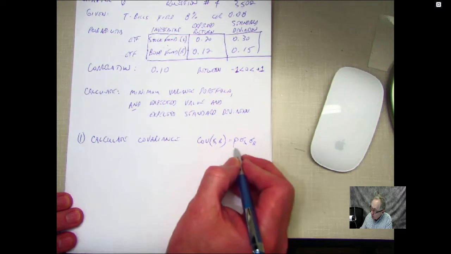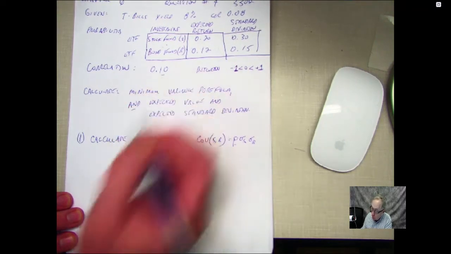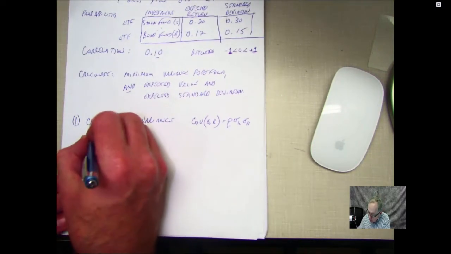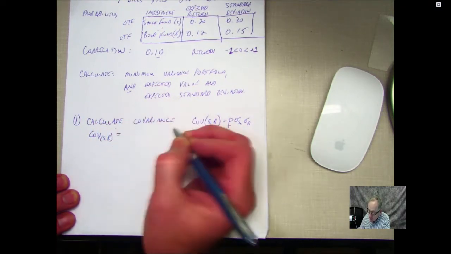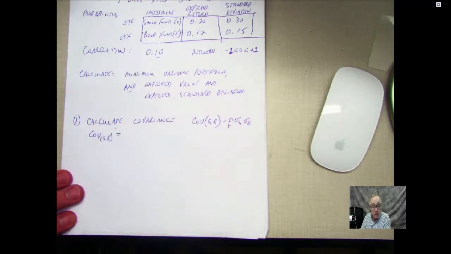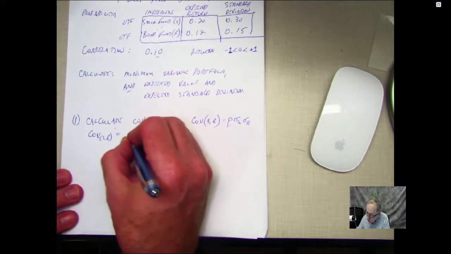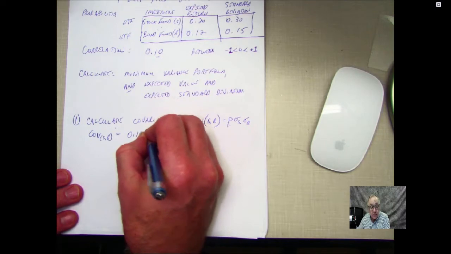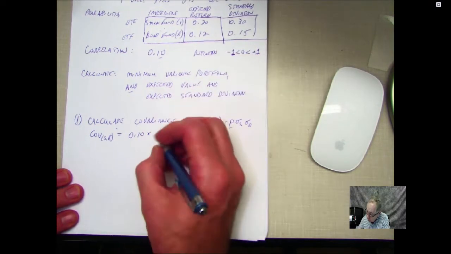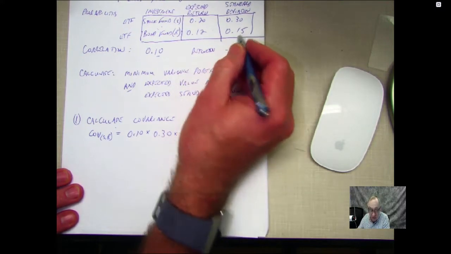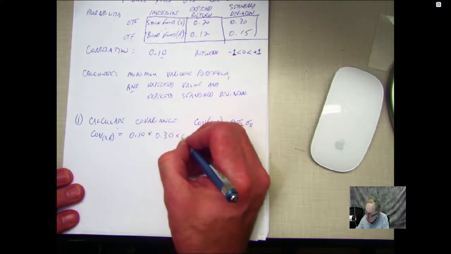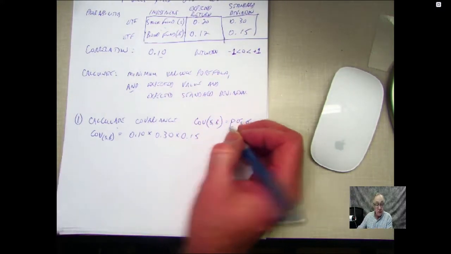We're given correlation as rho, so the covariance between S and B equals 0.1 times the standard deviation for stocks, 0.3, times the standard deviation for bonds, 0.15.